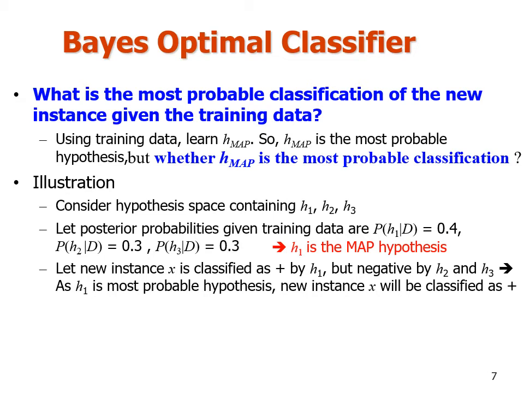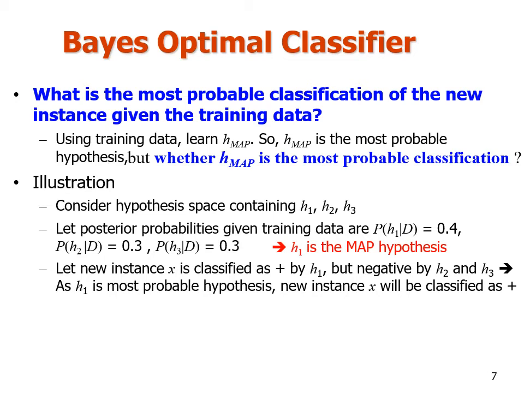Here we classified the new instance X based upon H MAP, the most probable hypothesis, and hence we classified X as positive.